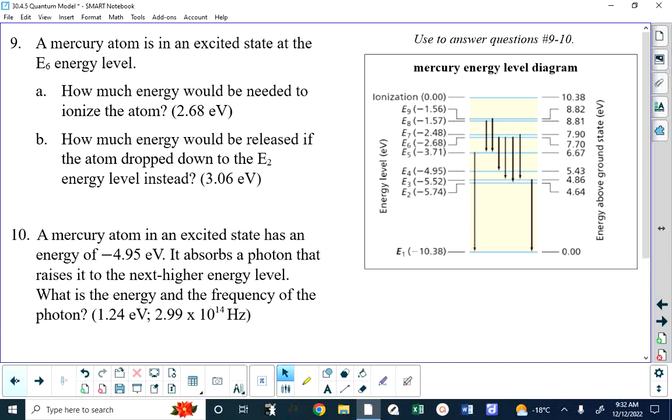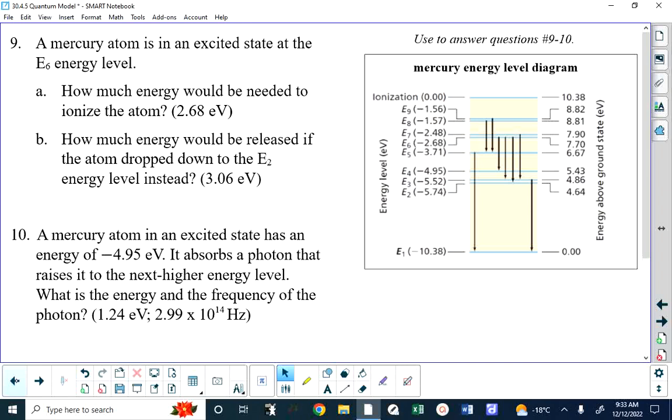A mercury atom in an excited state has an energy of negative 4.95 eV. And if you take a look at the diagram, and I apologize for the diagram above that, I think it's calcium. Some of the lines are very close together and hard to read. But number 10, Ian, is saying that the electron is in the E4 state. And we talked a little bit about this, but it didn't come up a lot.